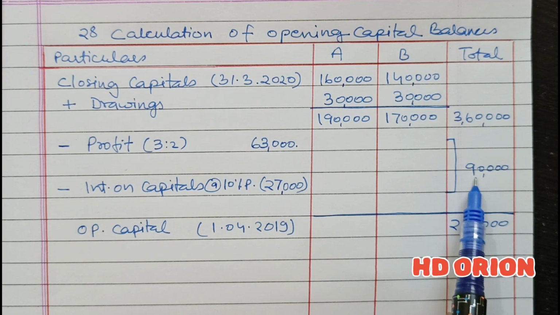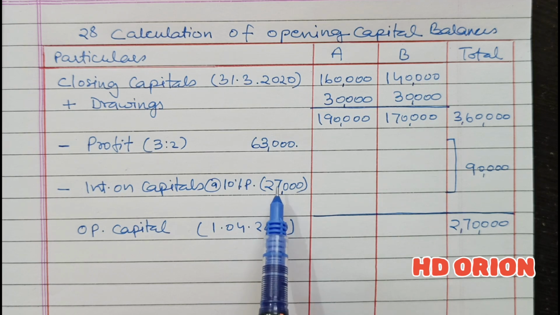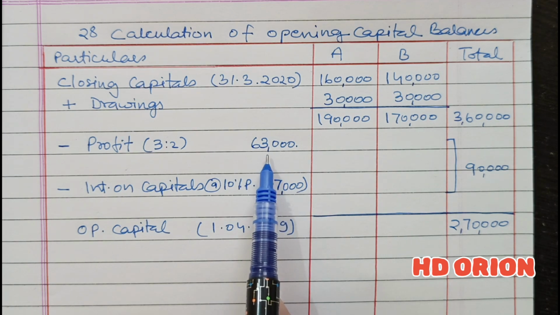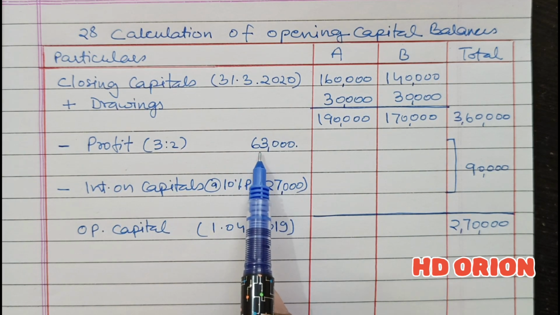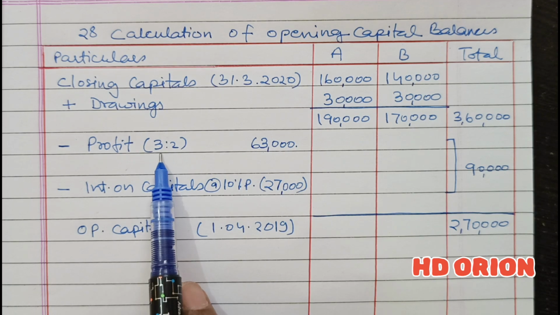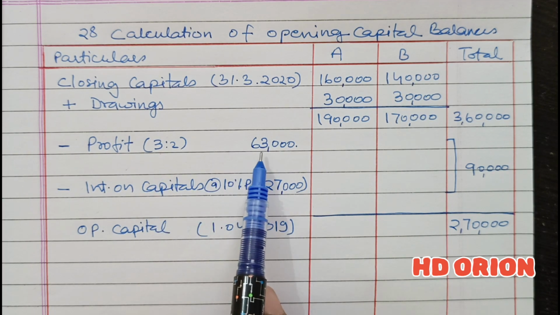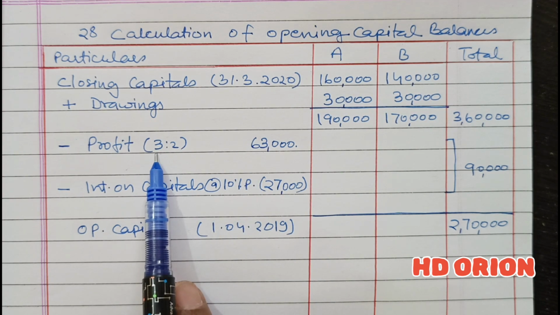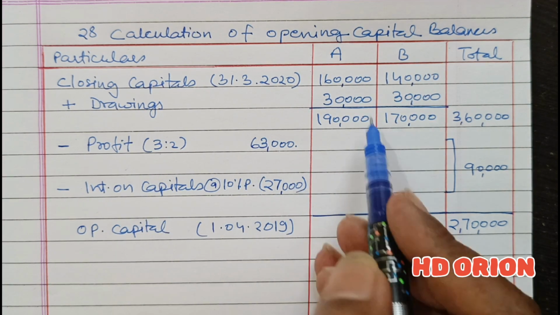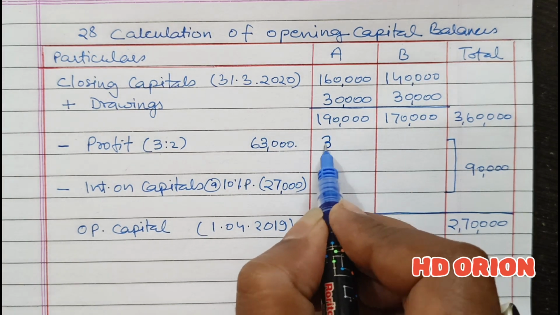So out of 90,000, 27,000 is interest on capital. So divisible profit to the partners has to be 90,000 minus 27,000, which is 63,000, which is given to the partners in their profit sharing ratio 3:2. So when you break 63,000 in the ratio 3:2, it means 37,800.